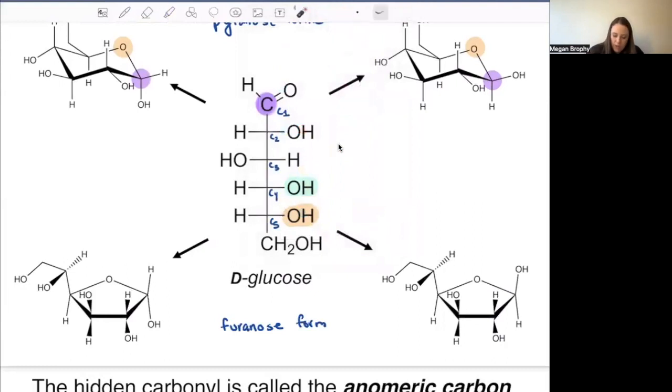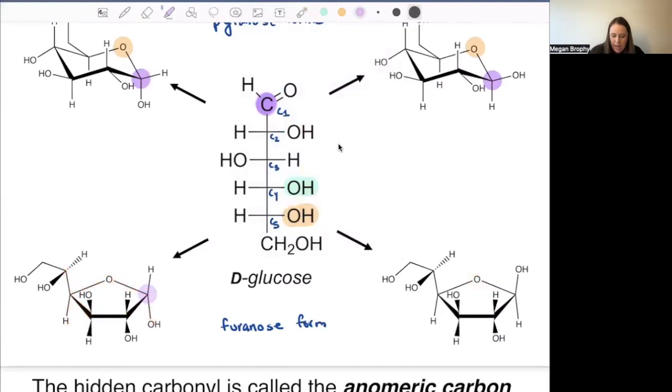Okay, so we can take a look here and find our anomeric carbon. What we want to do is look in the ring. So here we have a 1, 2, 3, 4, 5-membered ring. We're looking for a carbon that has 2 carbon-oxygen bonds. If we go from the O that's in the ring and look at the adjacent carbons, on one side we have a carbon-carbon bond, carbon-hydrogen, carbon-carbon, whereas on the right carbon of the slide, we have a carbon-oxygen and then a carbon-oxygen bond.